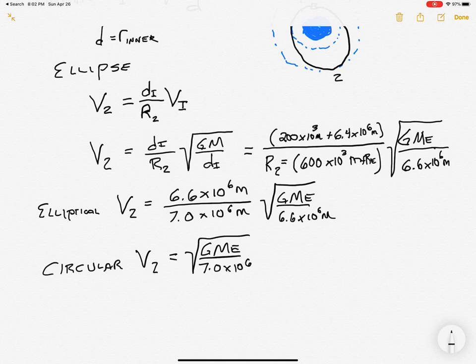Okay. So here's the question I'm going to leave you with. What's this velocity? And what's this velocity numerically? Plug the values in and figure them out. And I'll give you a strange hint.